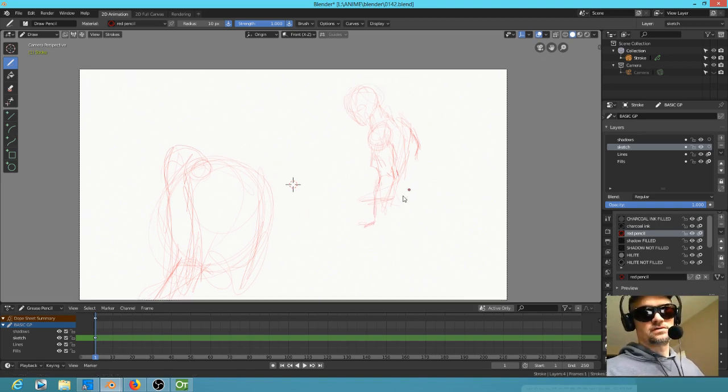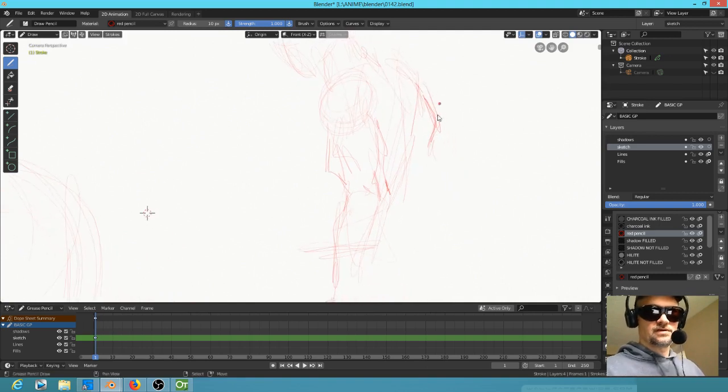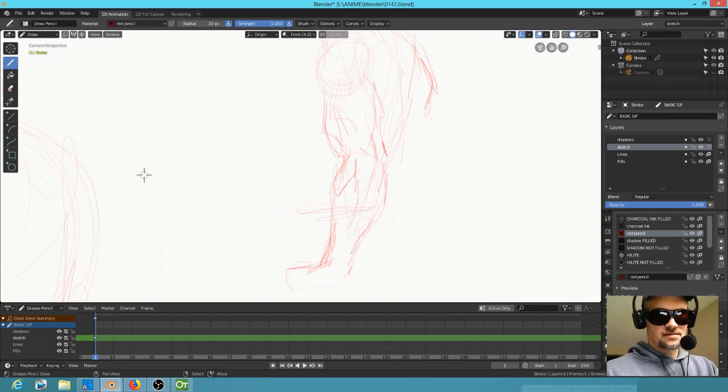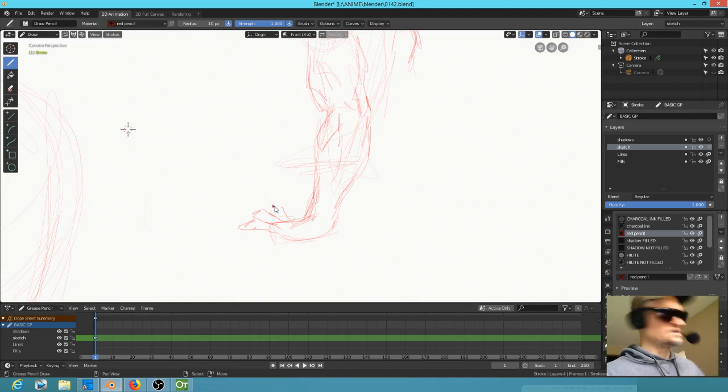Okay, so let's pull in here a little bit and look at what we want to do with his expression, which is very much seen in this case in the way he's going to be holding his hands. Oh, that's a little bit too extreme, I think.